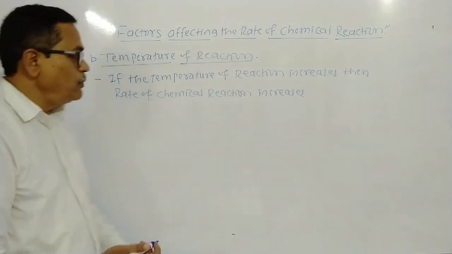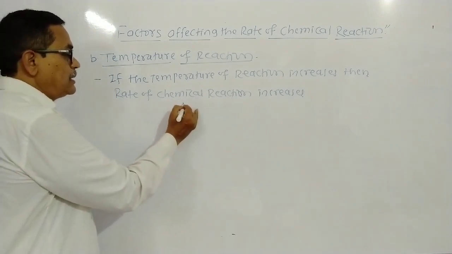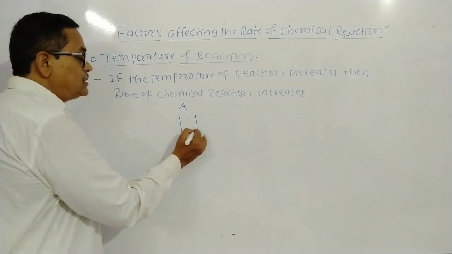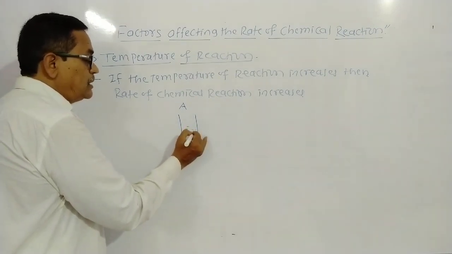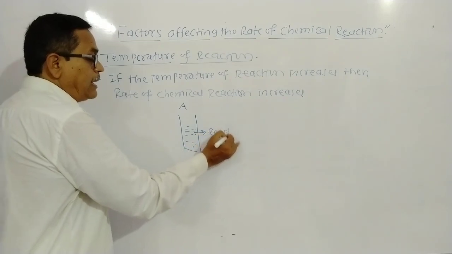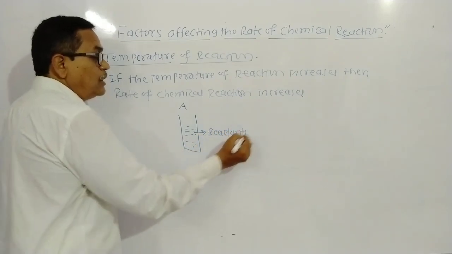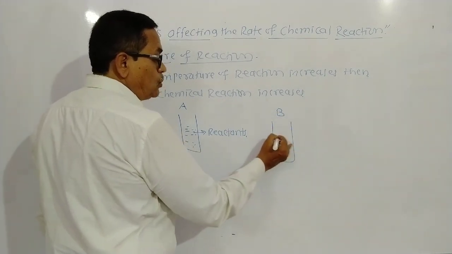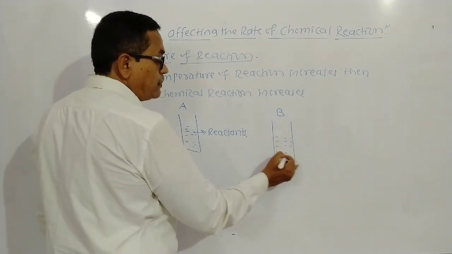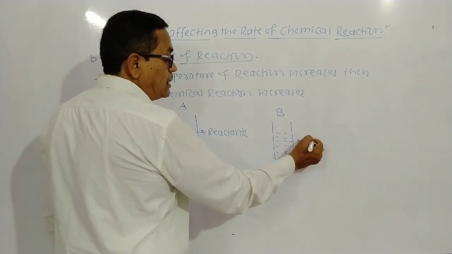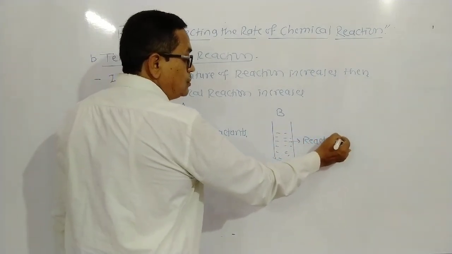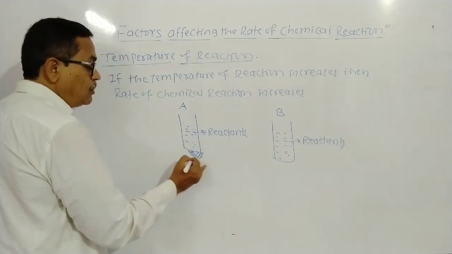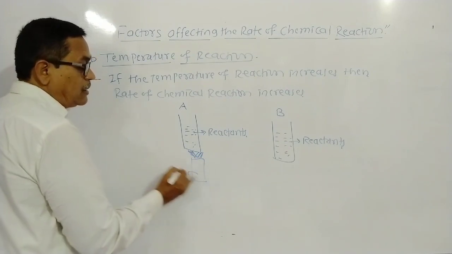You know, if we study two activities here, there is one test tube A in which two reactants are there, and in test tube B also two reactants are there. But to test tube A, we provide heat with the help of a gas burner.